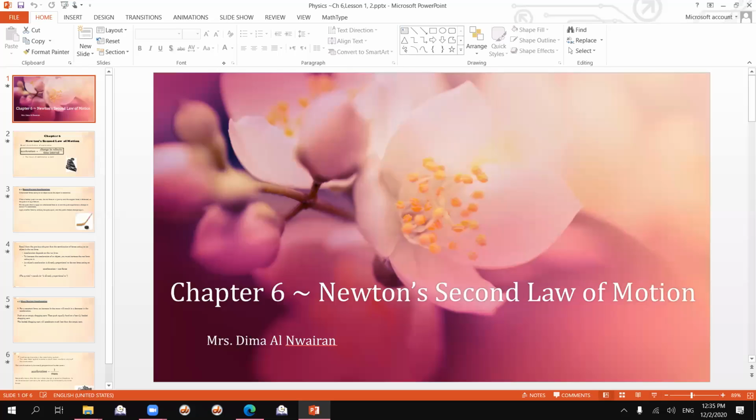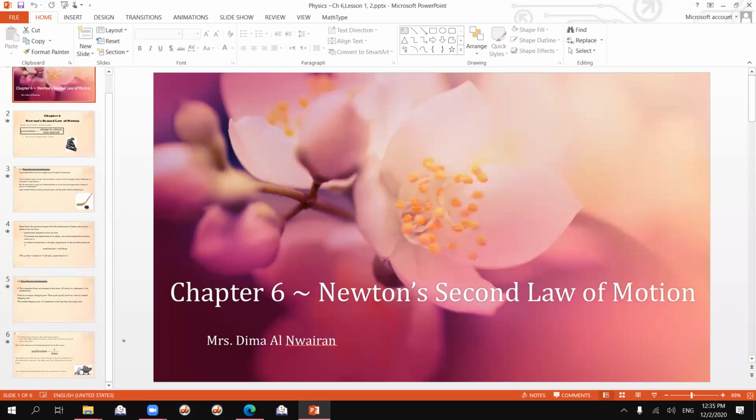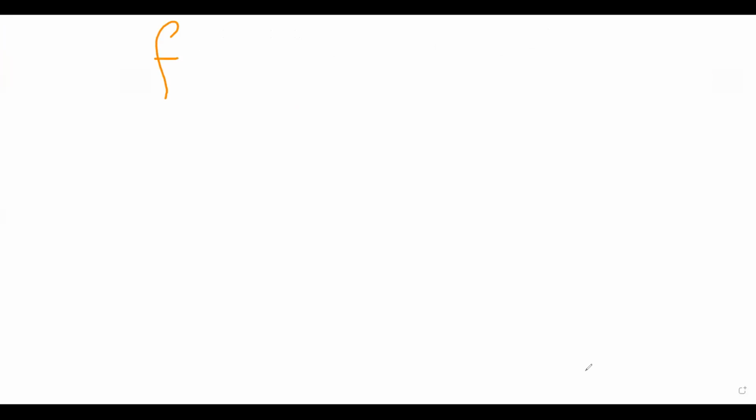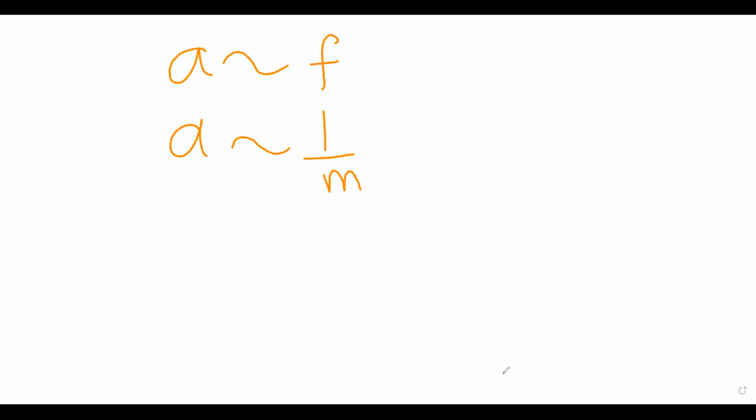Okay. So by now we say that the acceleration is directly proportional with the force, and the acceleration is inversely proportional with the mass.